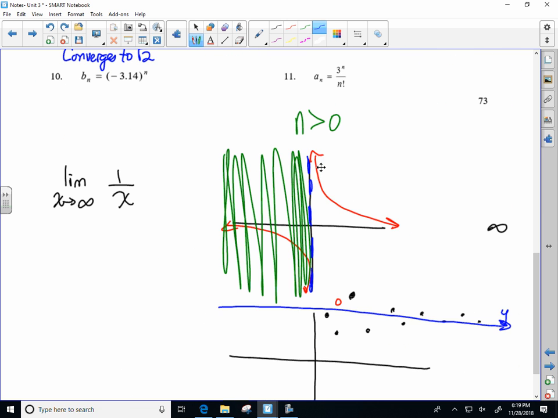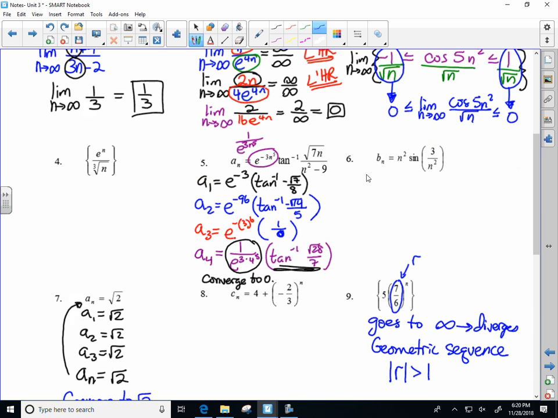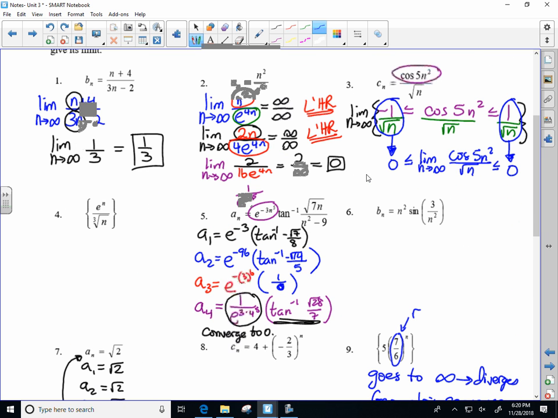This guy over here, how it has a horizontal asymptote at 0. This is actually the visual or physical representation of that idea. So this is converging to 0.